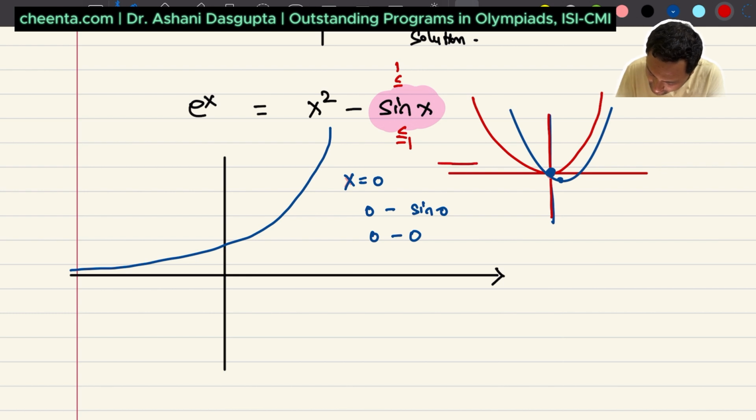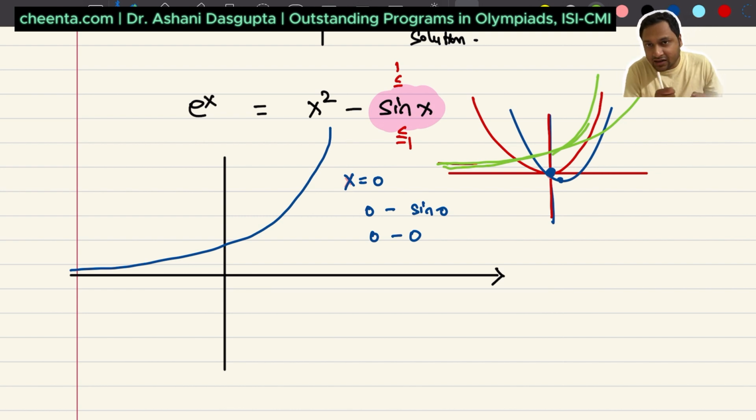Or maybe I could draw it in some other color, green. It's sort of like this. Now in this particular juncture, you have to analyze whether it will be like this or whether it will be like this. There are two possibilities.